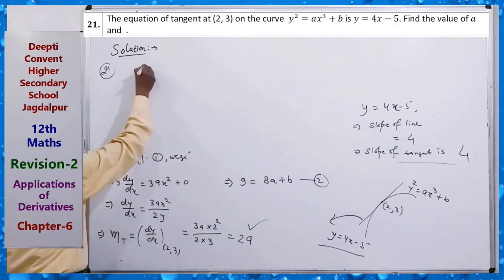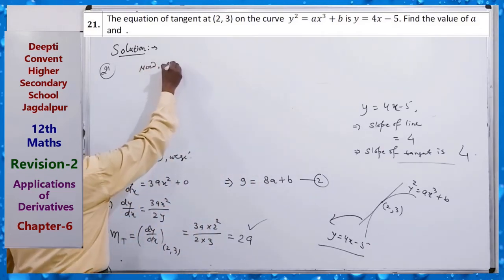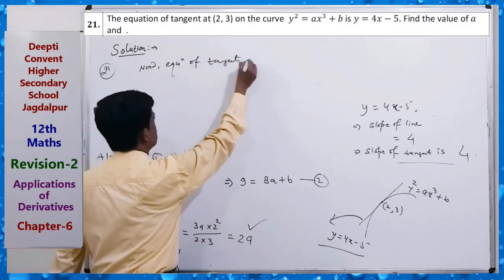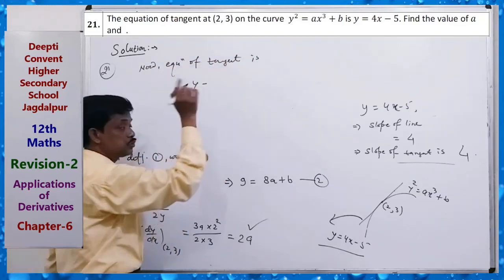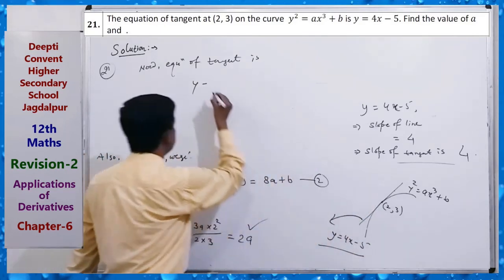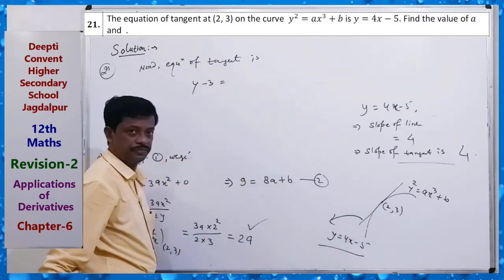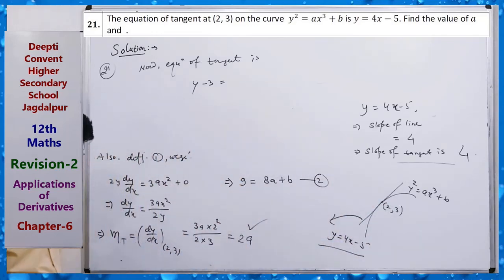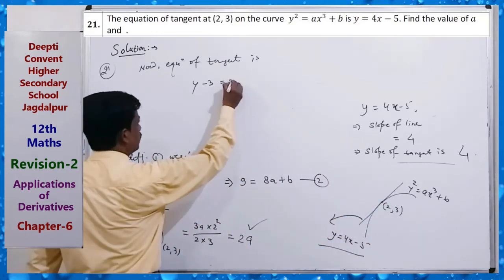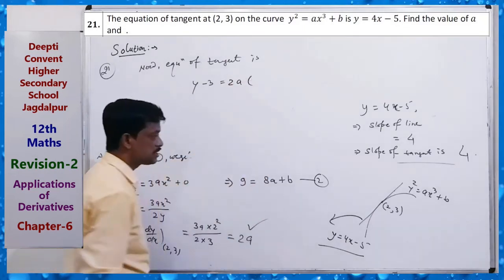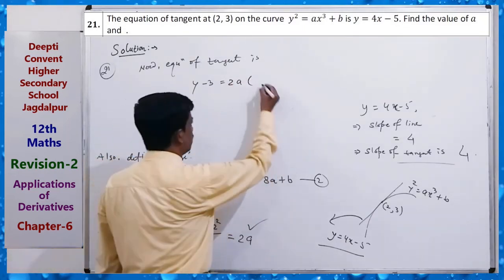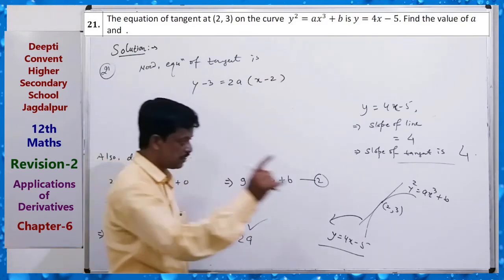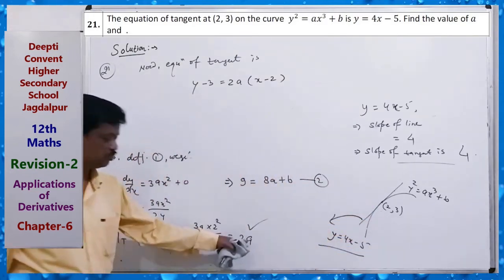The equation of tangent is y - y1 = slope(x - x1), that is y - 3 = 2a(x - 2). The tangent passes through this point and the slope is 2a.